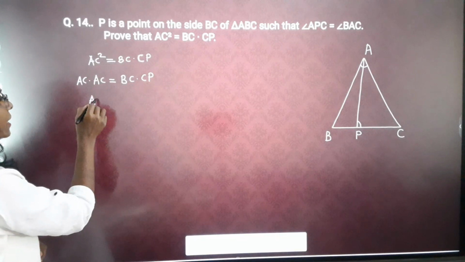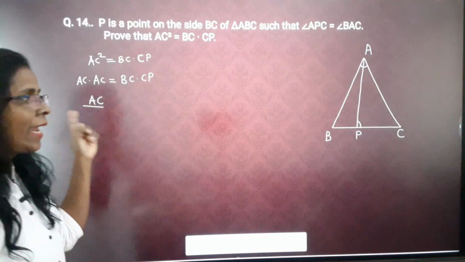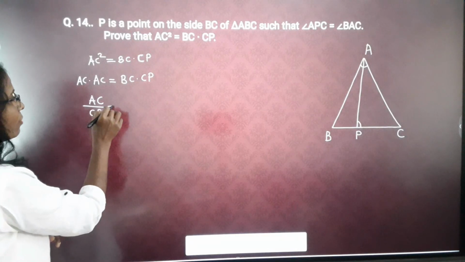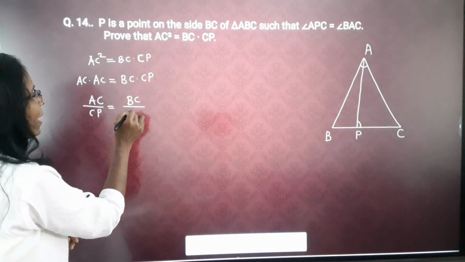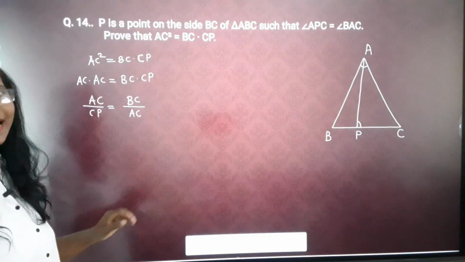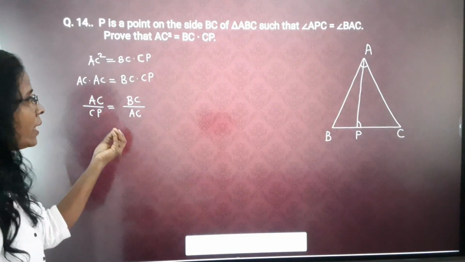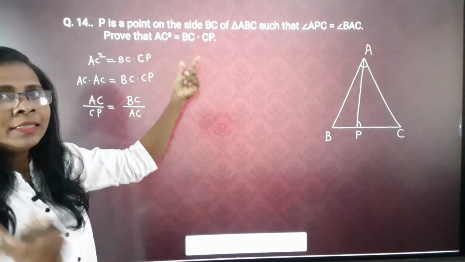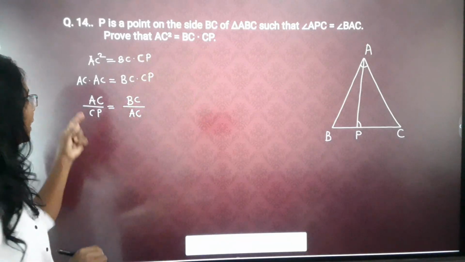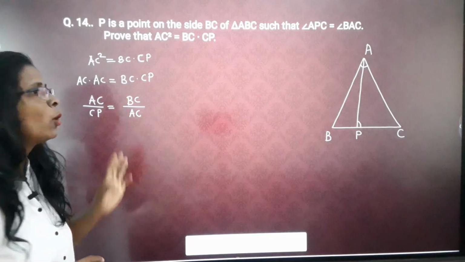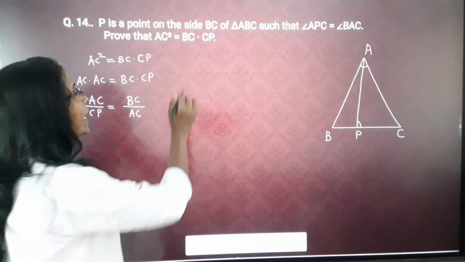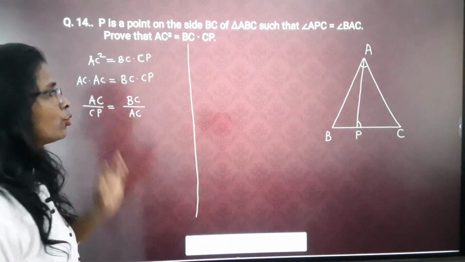We can write the ratio: AC divided by CP is equal to BC divided by AC. So we have to prove that AC upon CP is equal to BC upon AC. How can we show that these ratios are equal?